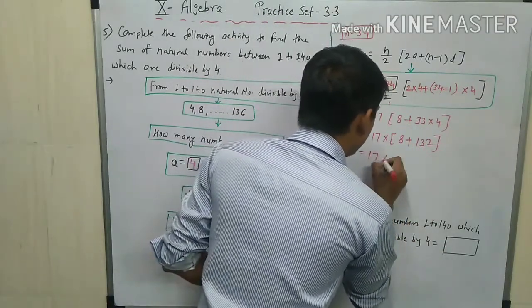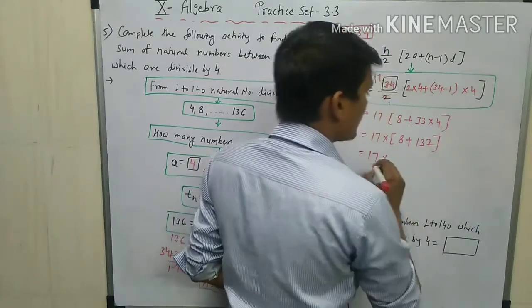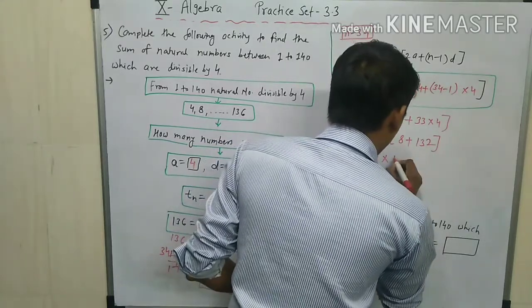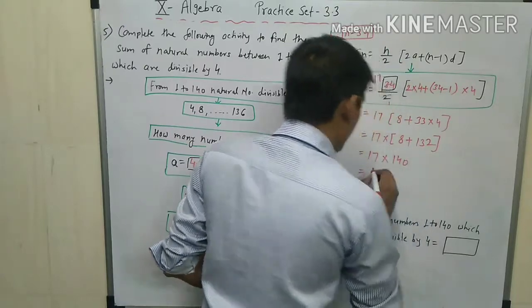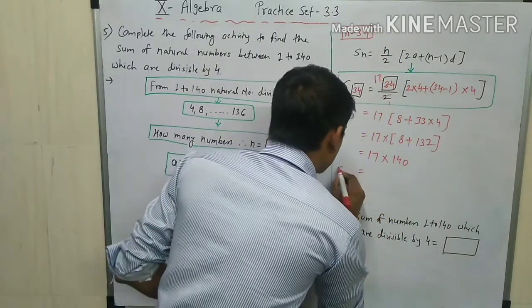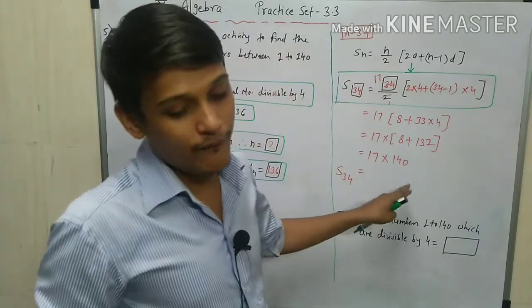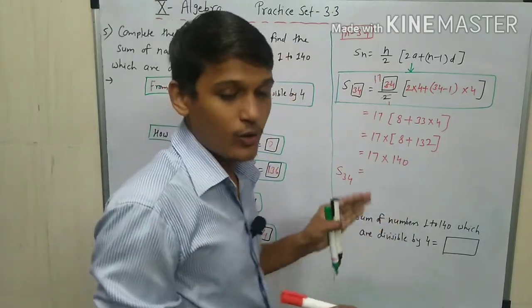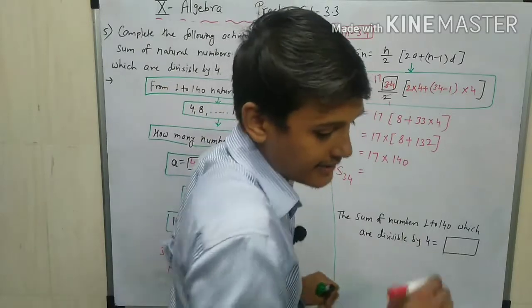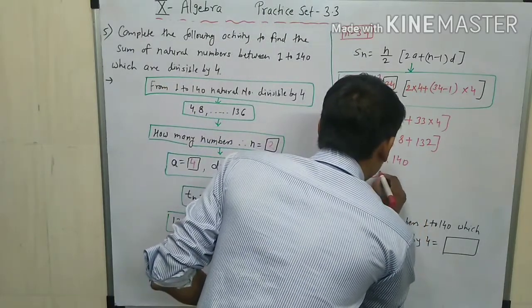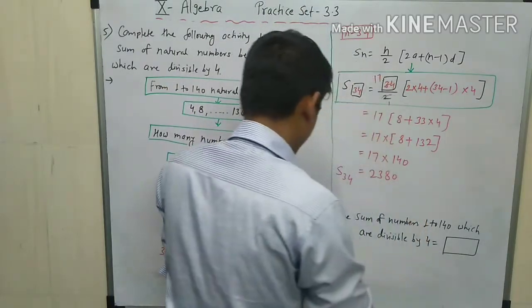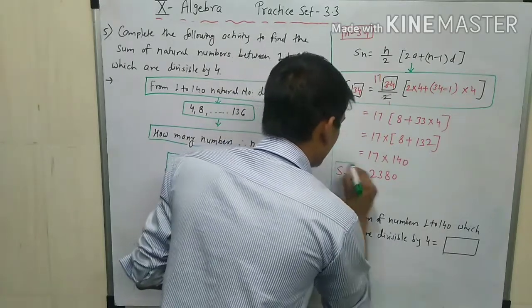Now 17 into (8 plus 132) is 17 into 140. Understood? Now S34 is equal to 17 into 140. Its value is 2380. This is your S34.